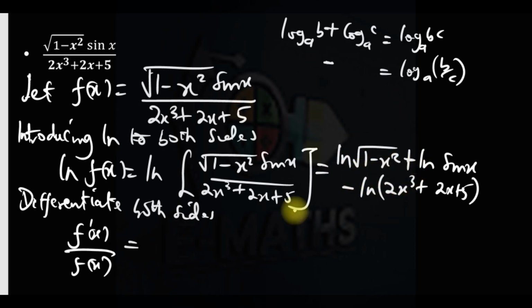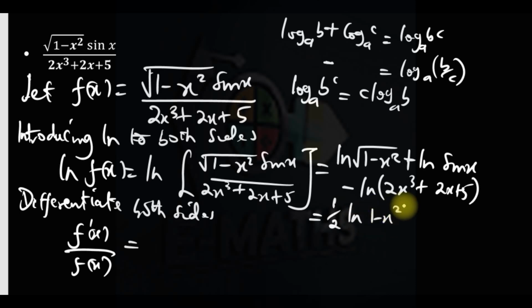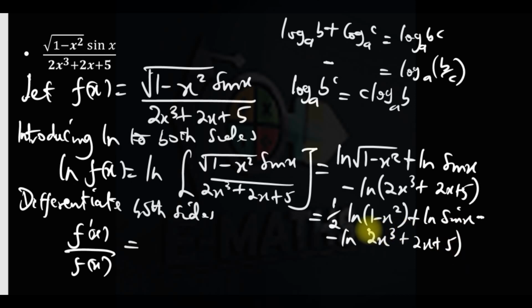So we now differentiate this, though we can still write this from the law that says that if you have log of A to the power C, you can write it as C log A. Because of the square root, this is raised to power half. So we can write it as half ln (1 minus x squared), because square root is raised to power half, plus ln sine x, finally minus ln (2x cubed plus 2x plus 5).